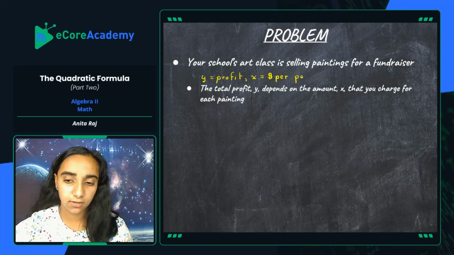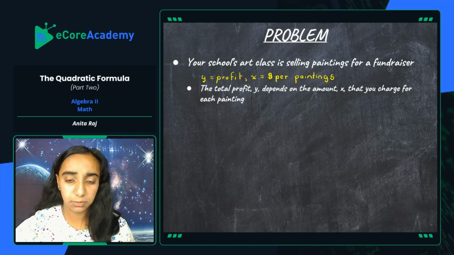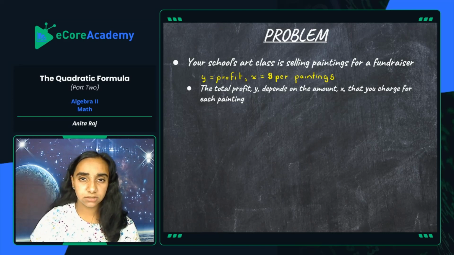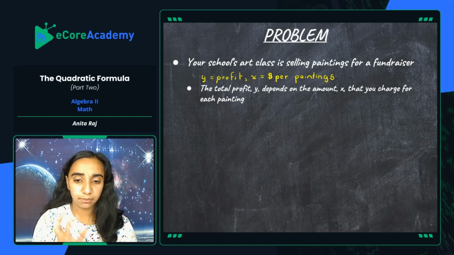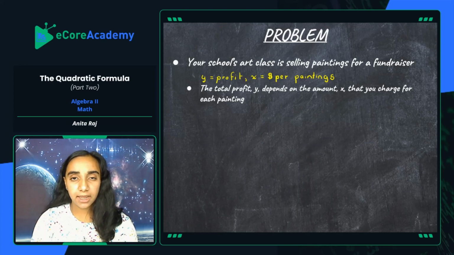And obviously, if we put it in whatever formula I'm going to be showing you next, you'll see that X, depending on the amount of money you get per painting, is going to determine how much money you actually make. So that's the relationship. So the total profit Y depends on the amount X that you charge for each painting. Y is profit. X is the amount of money in dollars that you are charging per painting.